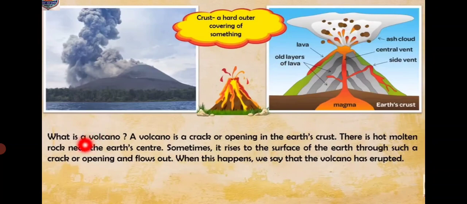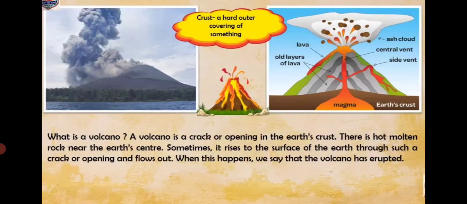Alright, children, now we will see what a volcano is. As we have seen in the pictures, it is a natural disaster, right, children? But we will learn in detail what exactly it is. A volcano is a crack or opening in the earth's crust. Crust means a hard outer covering of something, so the earth's outer part is the earth's crust.